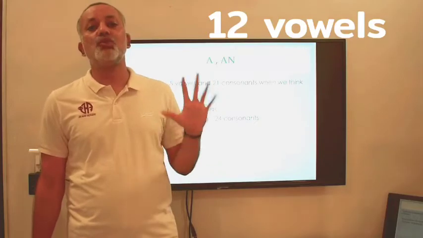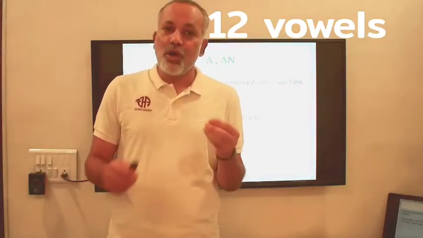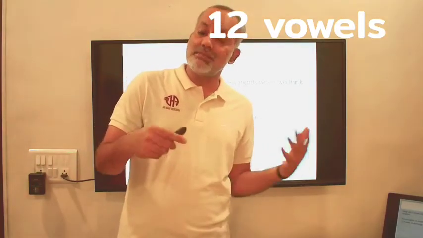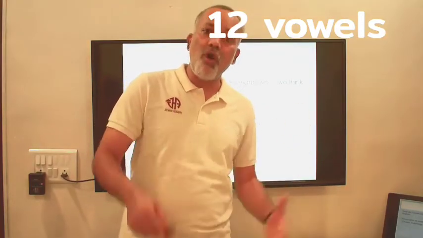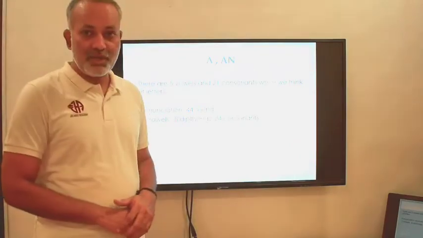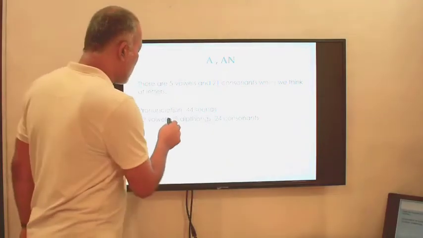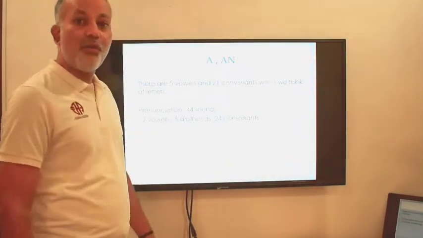And when it comes to speaking, pronunciation, there are 12 vowels. तो अगर हमको pronunciation समझना है, तो हमको ये 12 vowels कौन से हैं ये पता होना चाहिए. तो उनको हमको एक बार अच्छे से सीखना पड़ेगा. Because a या an use करना, that depends on the knowledge of these 12 vowels.